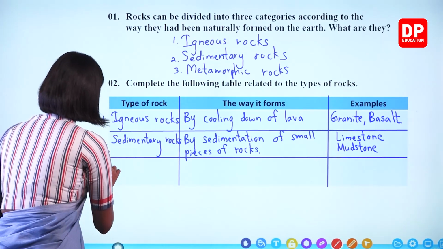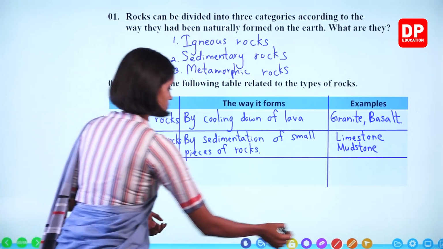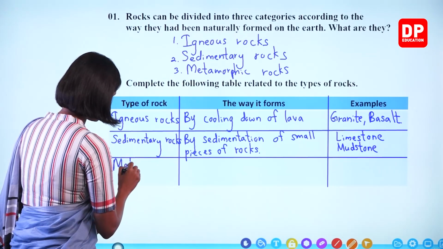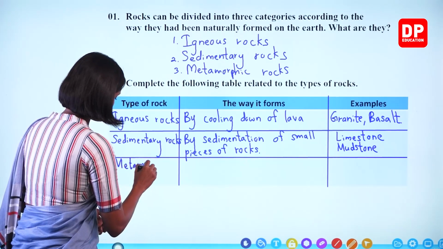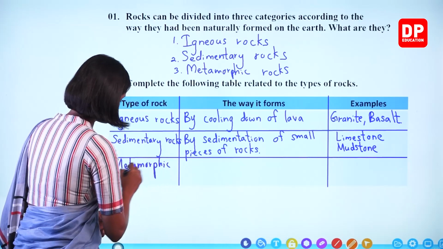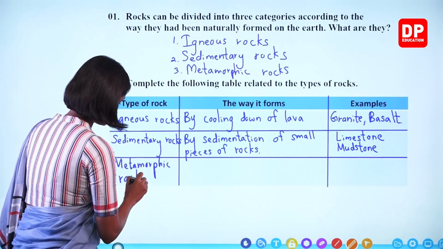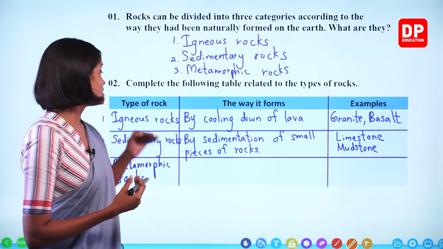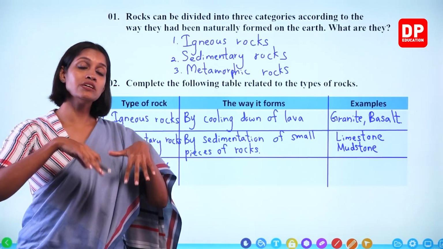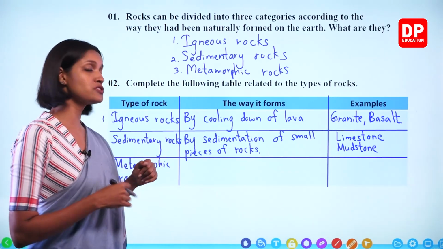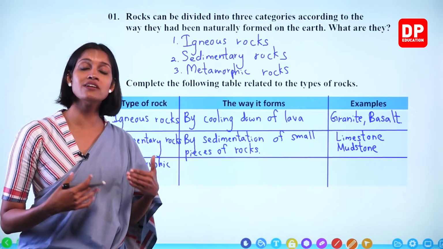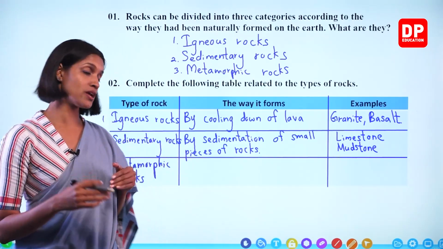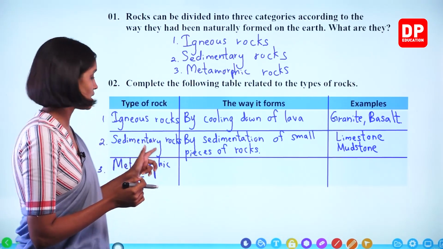Okay, number 3, metamorphic rocks. Right, how do they form, children? So due to earthquakes, igneous and sedimentary rocks go deep inside the earth, and then what happens? Due to pressure and temperature changes, these 2 forms change into a new form. Those are known as metamorphic rocks. We'll write in simple form.